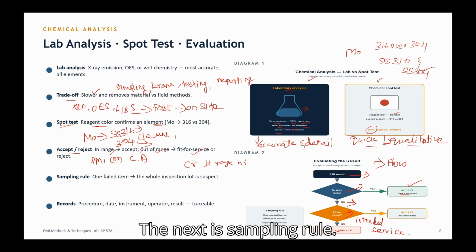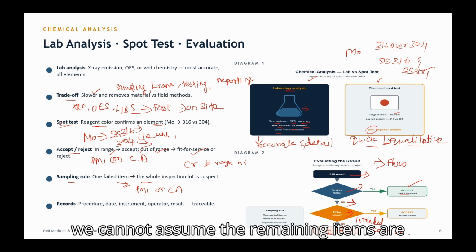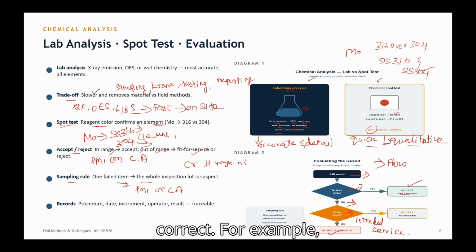The next is the sampling rule. One failed item makes the whole inspection lot suspect. This means if one item in a batch fails PMI or chemical analysis, we cannot assume the remaining items are correct.